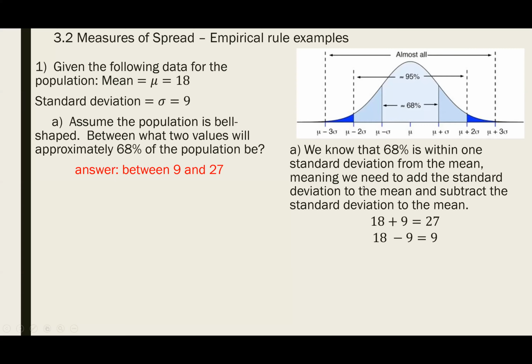Within one standard deviation means the step that we need to take from the mean. Later on, we will say that they change within one standard deviation to become a z-score, which is in 3.3. But again, that is how I get 9 as my lower point and 27 as my upper value.